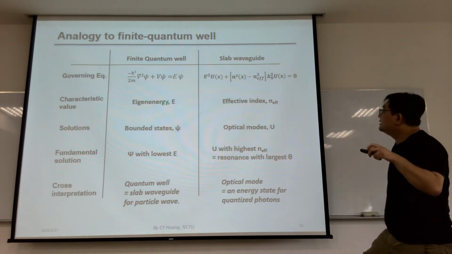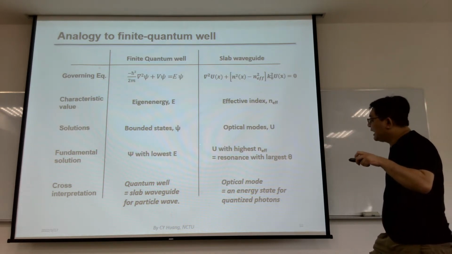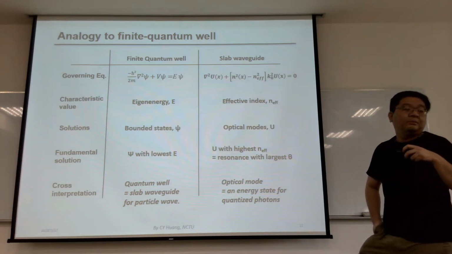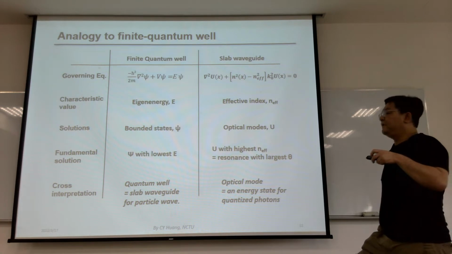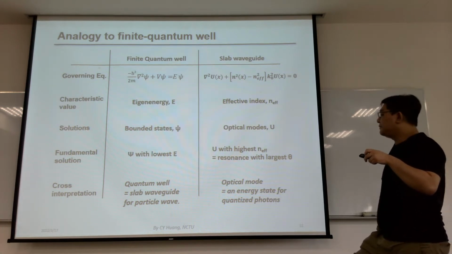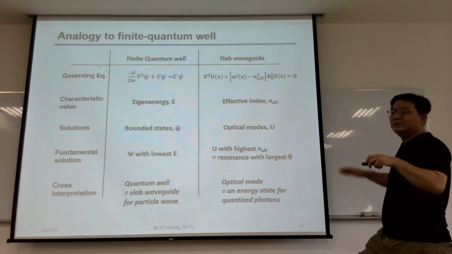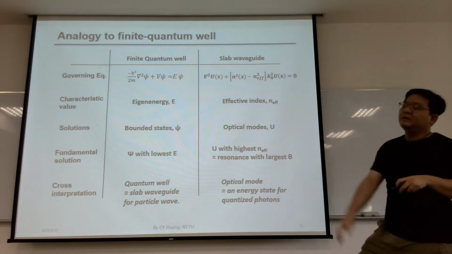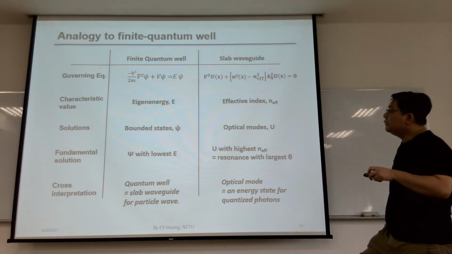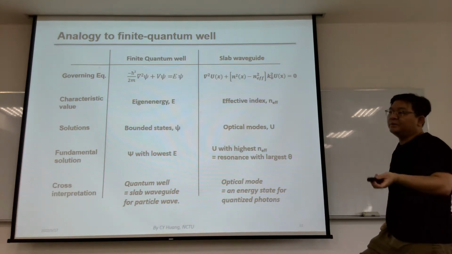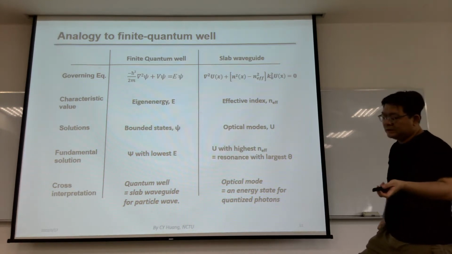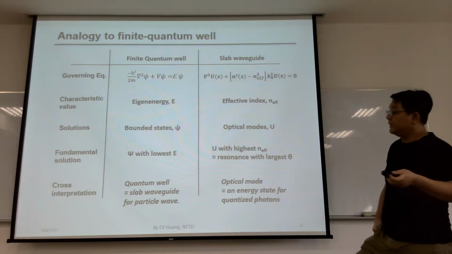So the slab waveguide gives you the optical mode profile with the highest NEFF, or it is the resonance with the largest angle. So we can look at these two as pretty alike, from the point of view of either physics or math.